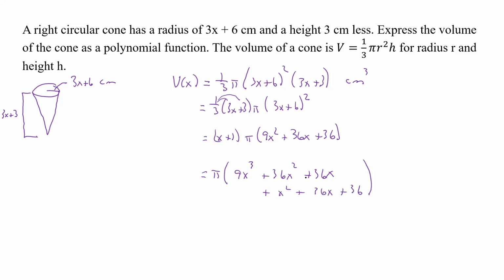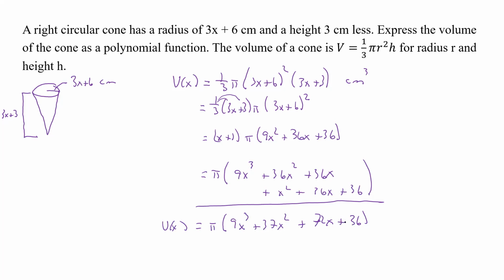And so I'm kind of doing it as adding top to bottom. So that's going to be v of x equals pi times 9x cubed plus 37x squared plus 72x plus 36. Okay, and then that would be my final thing here.